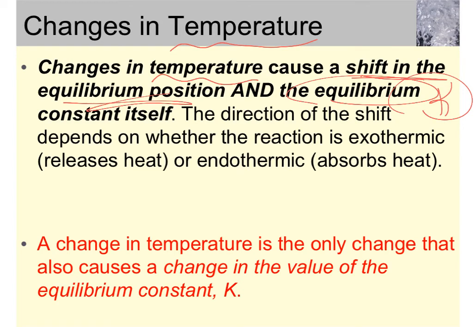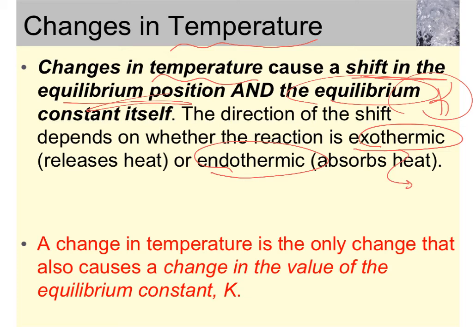So you have 2 factors that you need to keep track of. The way it shifts and what it does to the equilibrium constant depends on whether the reaction is exothermic or endothermic. Now I want to remind you, we're going back to thermodynamics a bit here.